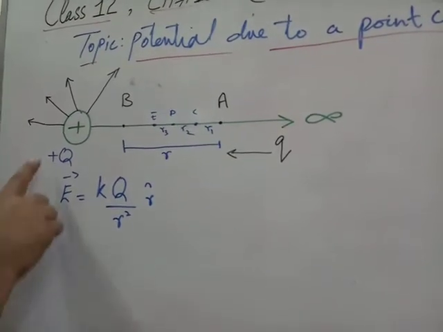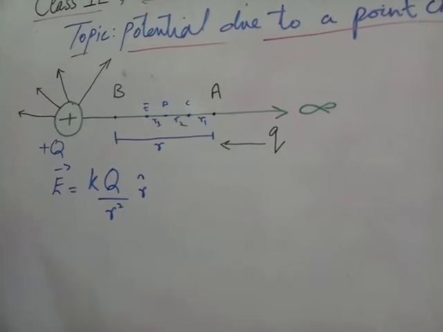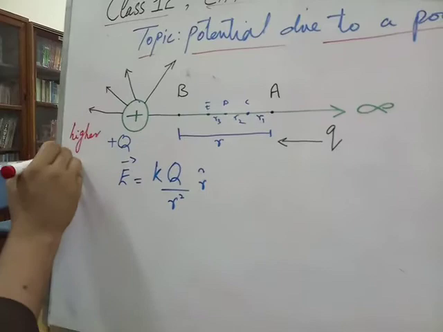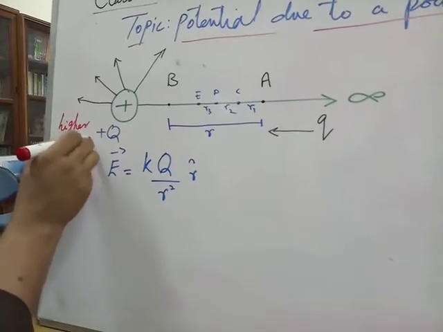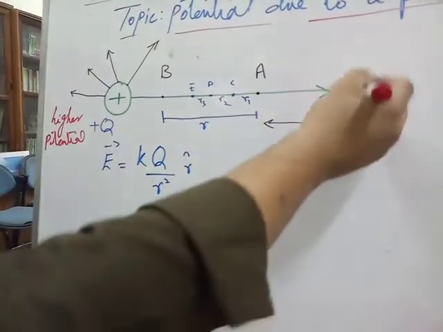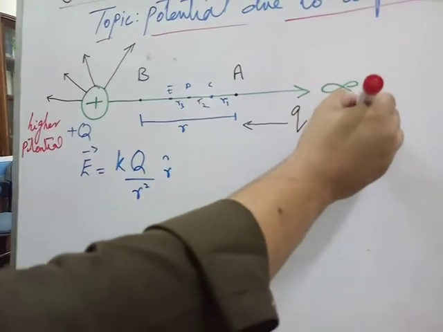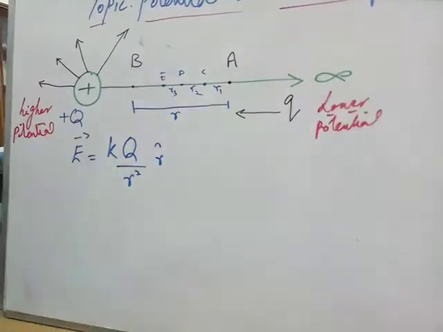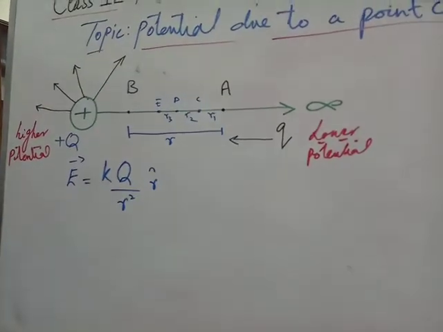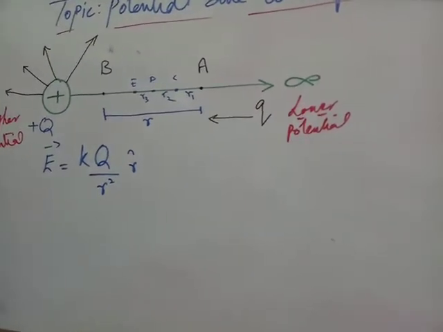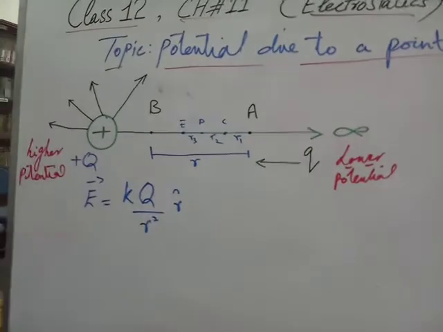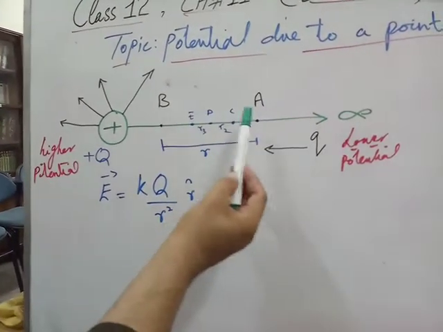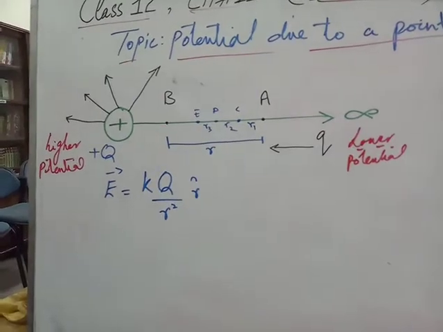Now plus Q is at higher potential, and infinity is at lower potential. In order to keep this E constant, the test charge moves through an infinitesimally small displacement.